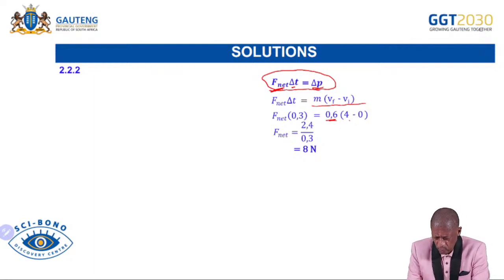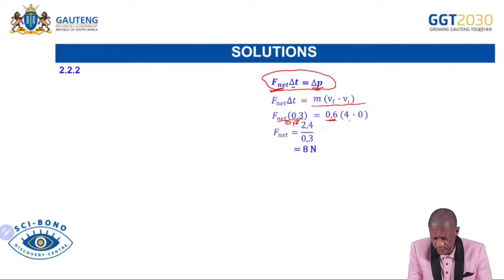So now if you multiply this one, let us do it. 4 plus 0, it's 4. Then you have 0.6 multiplied by 4. Then it gives you 2.4, right? Then we are going to divide by 0.3 on this side.